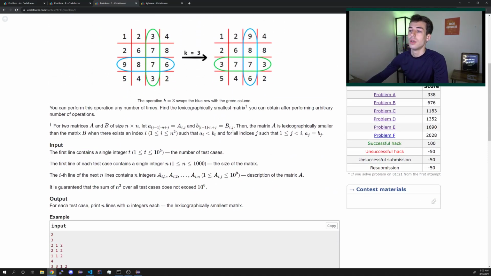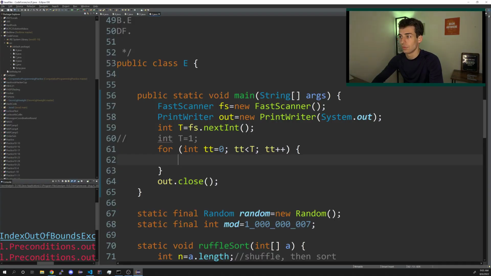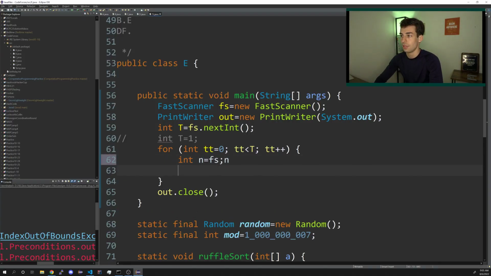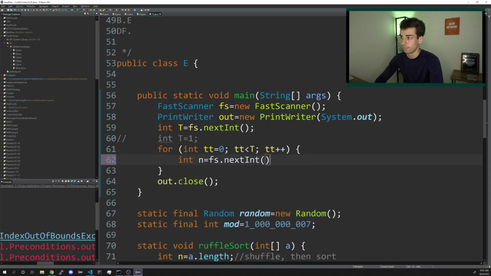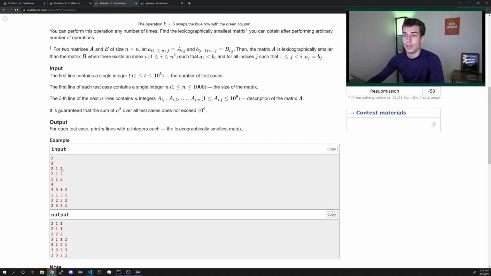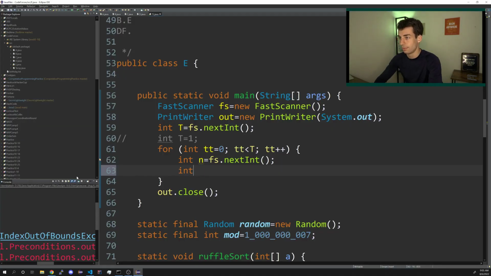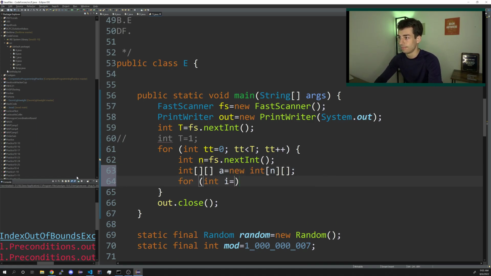So how do you do this? int n equals this, and then we get the grid. Repeat array says n.